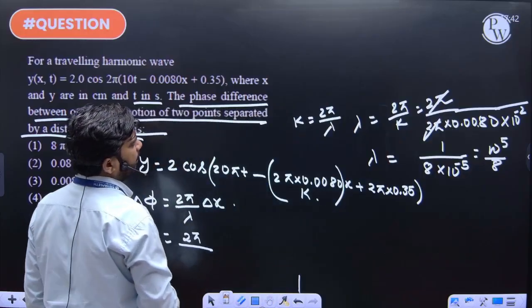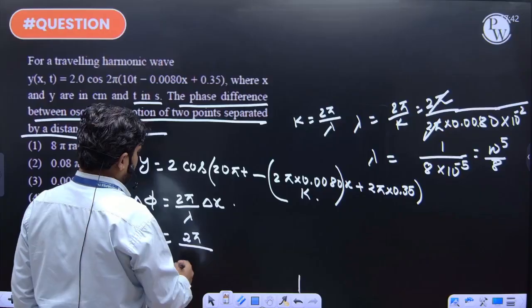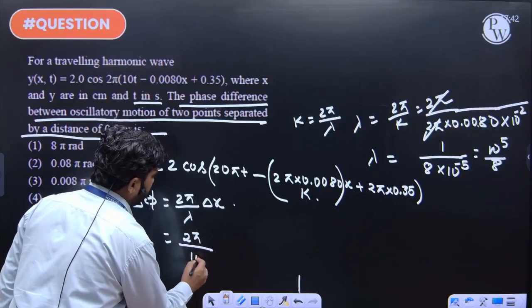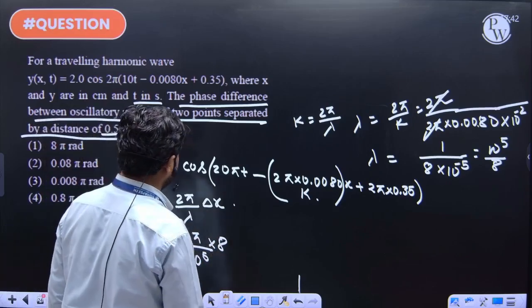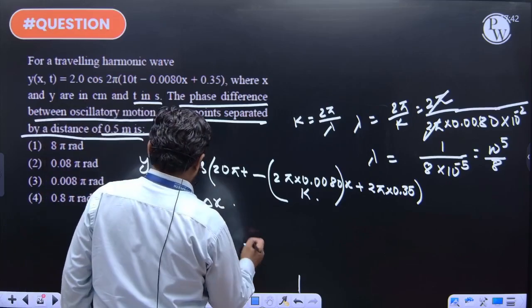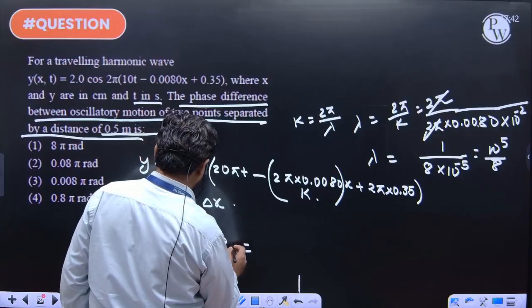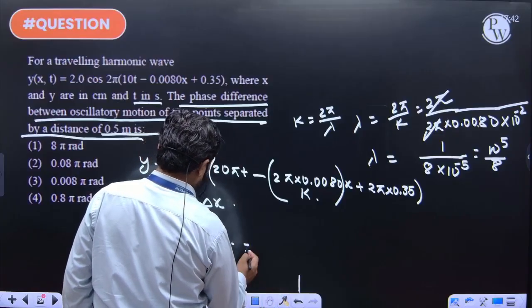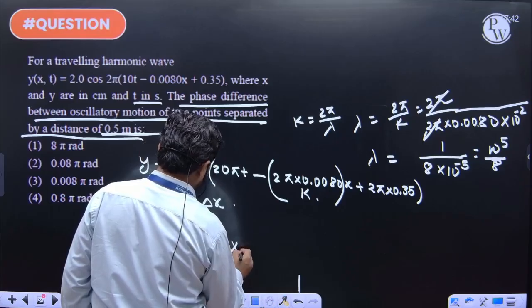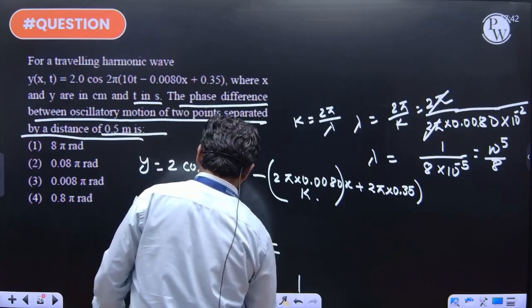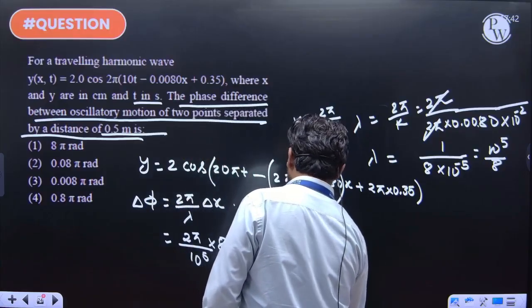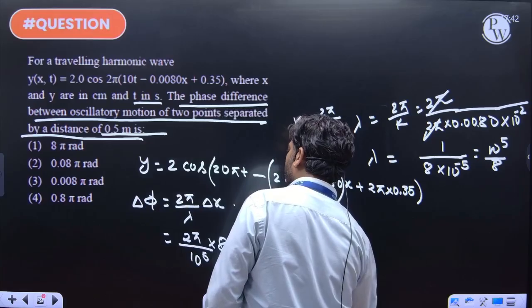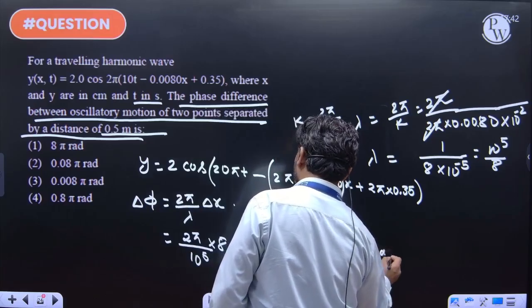So here λ is equal to 10 to the power 5 into 8 will come. Fine. Any confusion? And Δx is 0.5. So 0.5 into 2 is 1. So it is 8π into 10 to the power minus 5 radian.